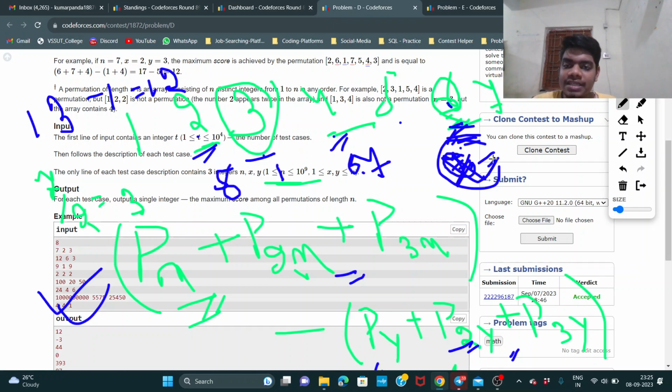The value of this position will not be considered. Even if the value is maximum, we are not considering it, and obviously that would reduce our answer. It won't help us maximize the score value. So obviously think that this will get cancelled.